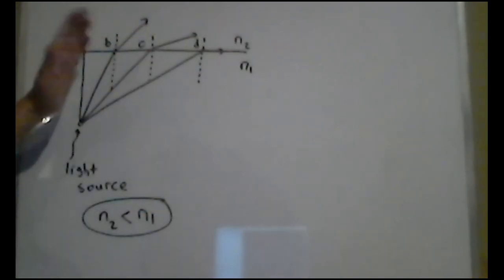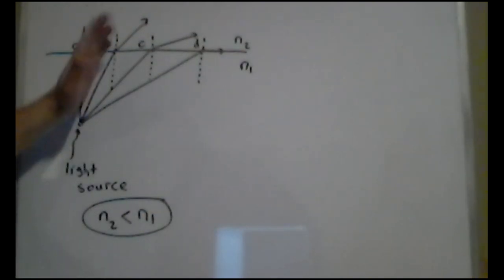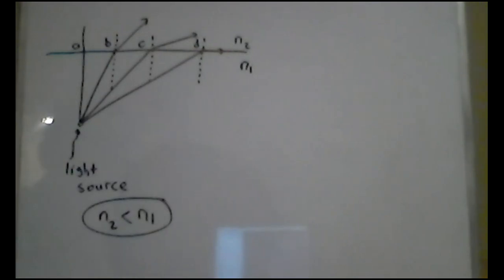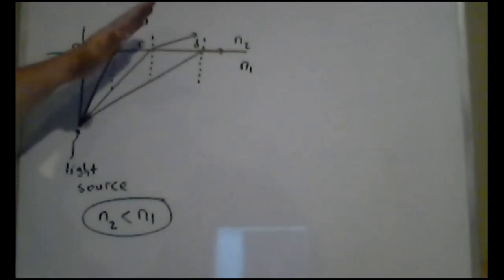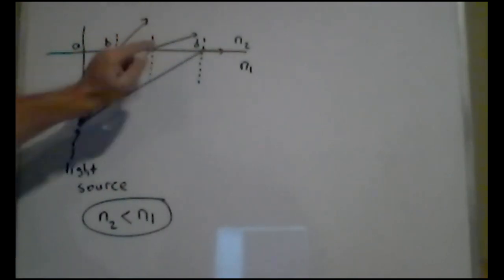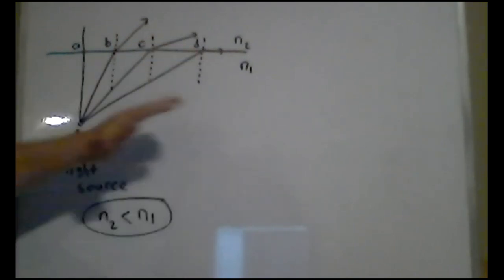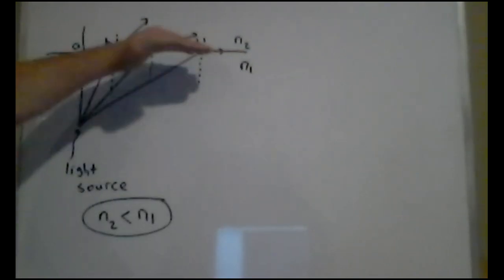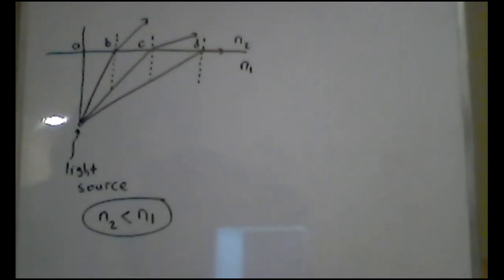So you notice that as we're considering larger and larger angles of incidence, the refracted ray goes further and further away from the normal. Eventually, you consider some point where the refracted ray is literally at 90 degrees. That means that no light is leaving. There is no transmitted light.